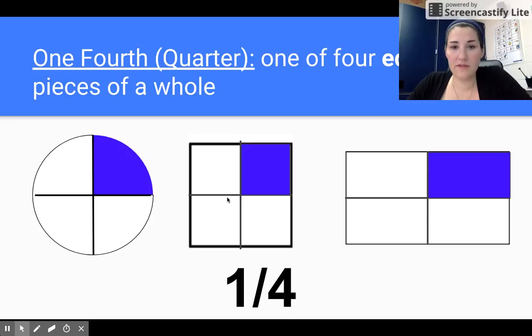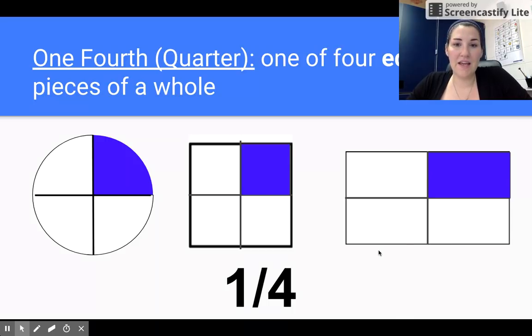Same with all of these ones. So I look at how many pieces the shape is divided into, which is 4. But if I'm looking at the white portion, there are 3 of the 4 total pieces of that square that are white. And same with the rectangle. 1, 2, 3 out of 1, 2, 3, 4 pieces. So it would be 3/4 of the shape is white.